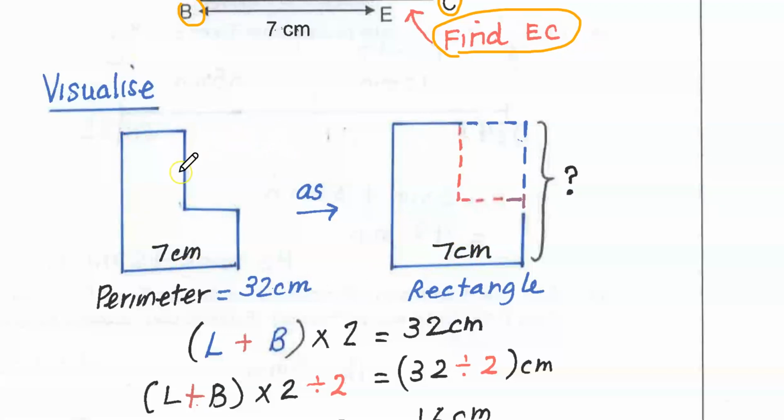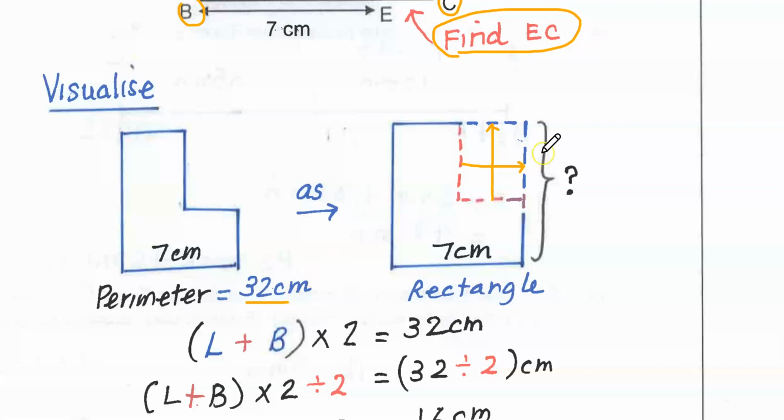Imagine this line over here, you shift it out, and this line at the bottom, you shift up also to this. Now this creates a new rectangle. This particular rectangle has the same perimeter as this, which is 32 cm.